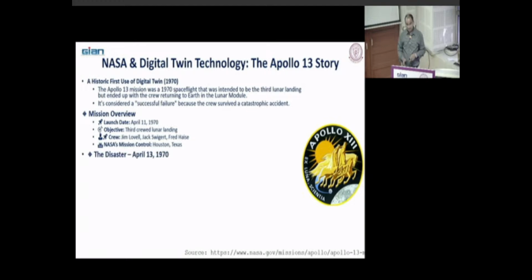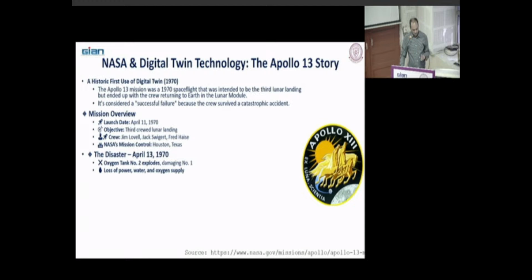What happened basically? The mission started on April 11th, and after almost 3 days, on April 13, they had a problem. Oxygen tank number 2 explodes, damaging tank number 1. Because of that, they lost the power, water, and oxygen supply in their space flight.